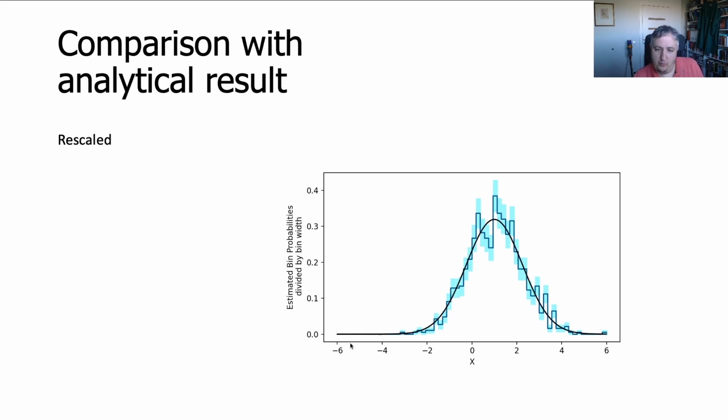We can compare that with the actual density function and see that everything generally works out, but again there can be some errors, especially as we have very small bins, so those probabilities are relatively small.